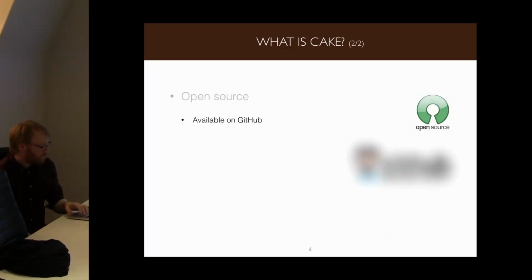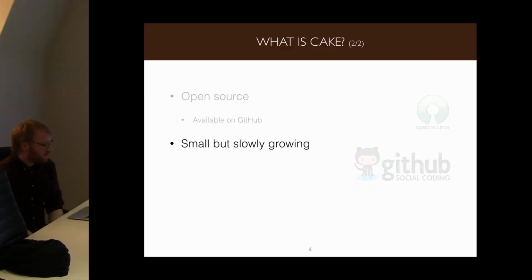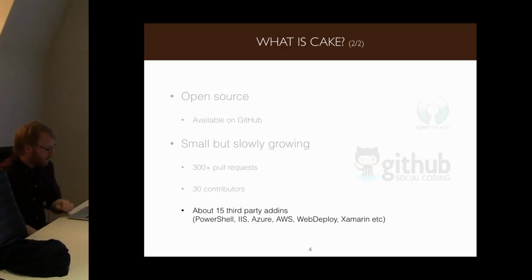It's open source, and it's available on GitHub. It's kind of small, but it's slowly growing. Got like 300 pull requests and 30 contributors, where about 15 of them are actively involved in the project. We got about 15 third-party add-ins.